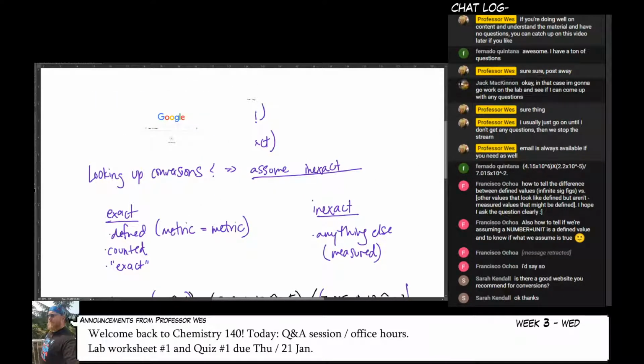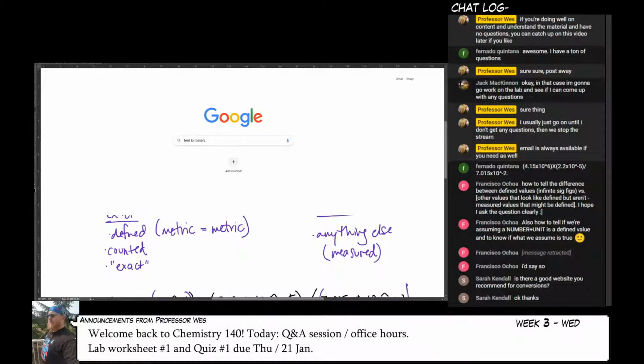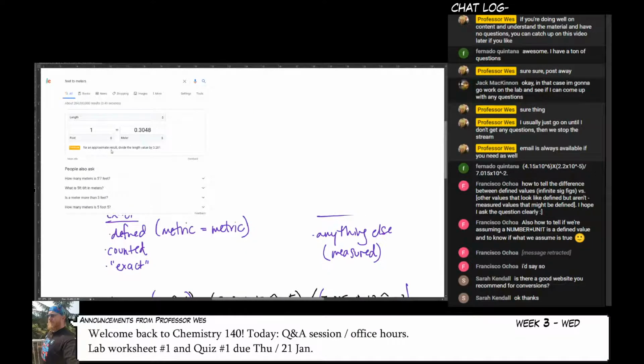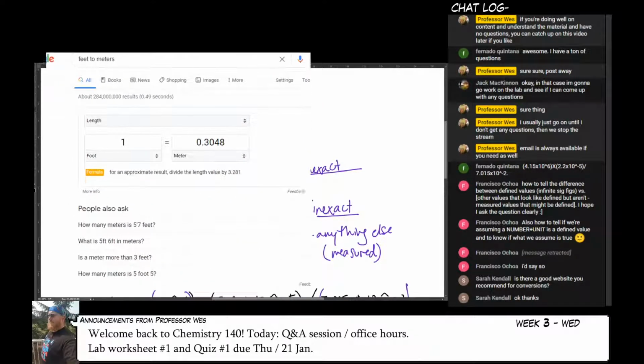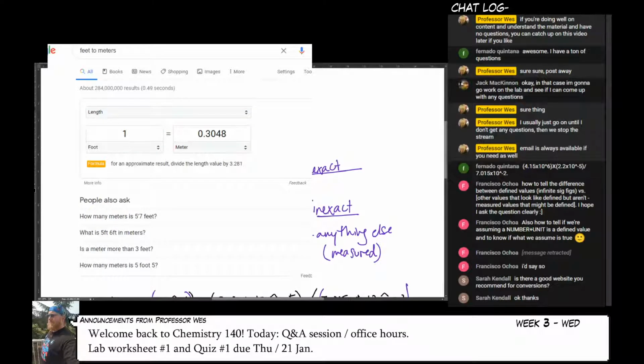So if you just type in Google whatever you want to, like feet to meters, for example, and you hit enter, what it will do is it will spit out, and I'll make this smaller so that I can do this, it'll show you the conversion that it has.